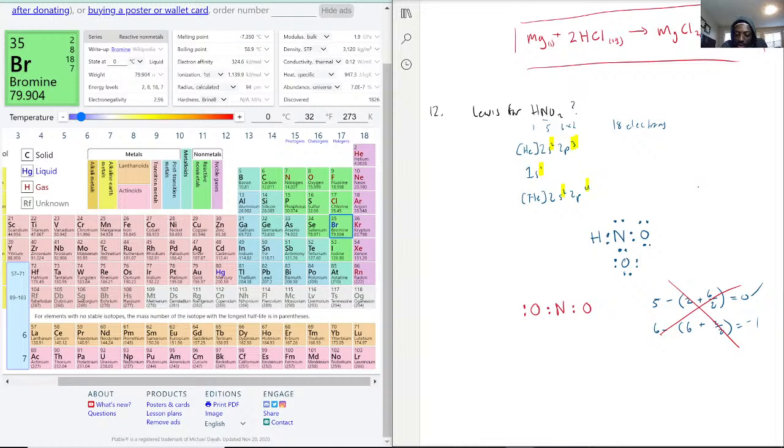So NO2 typically is going to be like this. Let's start here to make it a little bit easier. It'll be 6 times 2. Nitrogen dioxide, that's 12 for the oxygens plus 5, so we want 17 in total.